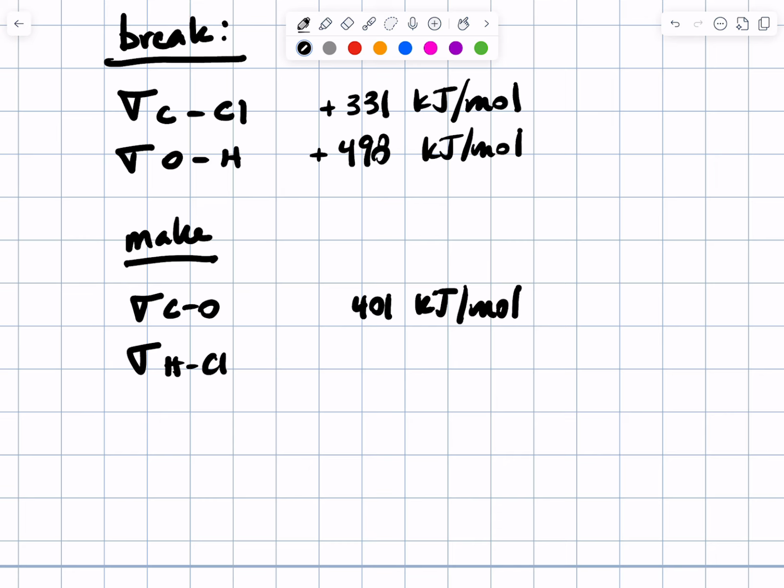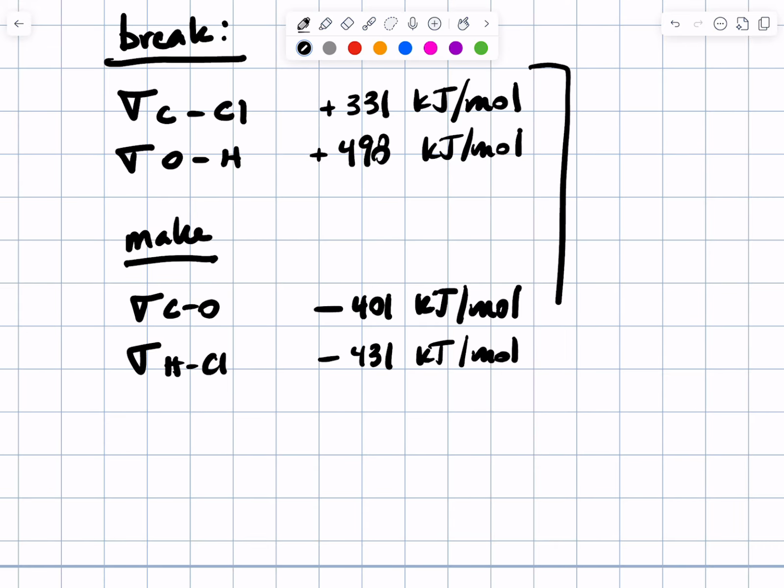It's got to be negative because you're making a bond. So you're going to look up the number in the table. The number in the table tells you how much energy it takes to break a carbon-oxygen bond. You got to be smart enough to turn it negative because you know you're making a bond. Okay? Then for the HCl, making an HCl bond would be downhill by about 431 kilojoules per mole.